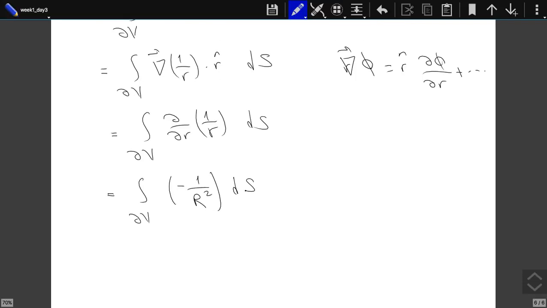Times dS. But capital R is just a number. It is constant. I can take it out. What remains is the integral of the surface, and the surface of the sphere is 4 pi R squared. Well, R squared is cancelled, so this is minus 4 pi.